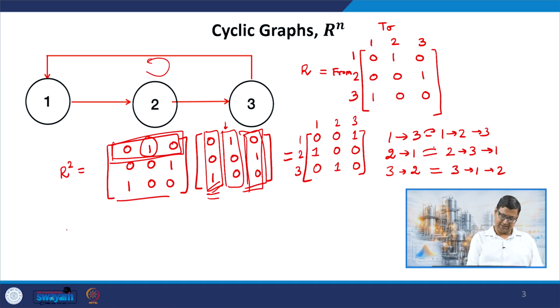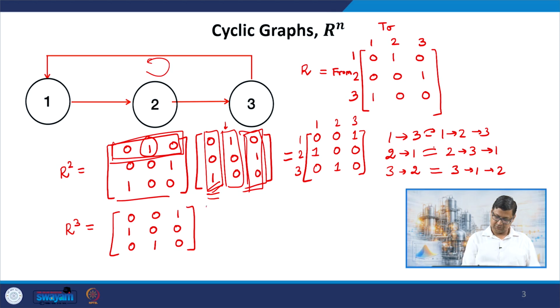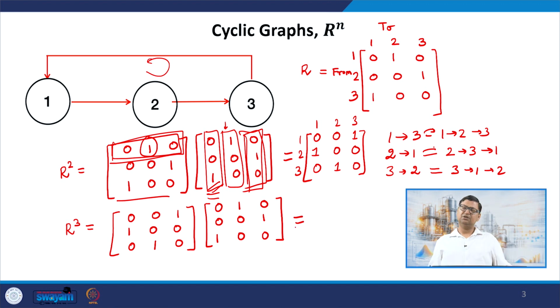I can go ahead and compute R cube, and R cube is going to be R square into R, and again I do the row-column multiplication as usual.